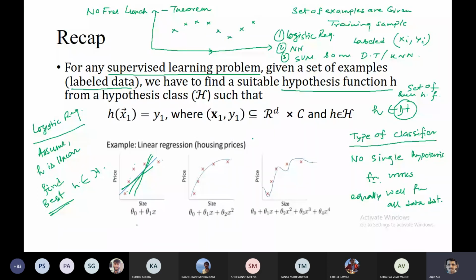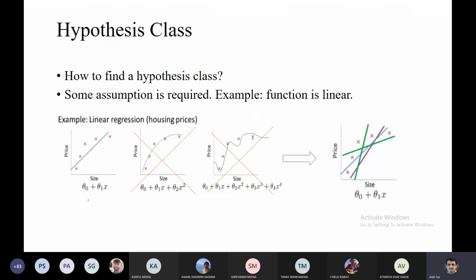that we are going to understand. Here you can see how to find the hypothesis class, so that we have to make an assumption. Some assumption is required. For example, this function is linear.